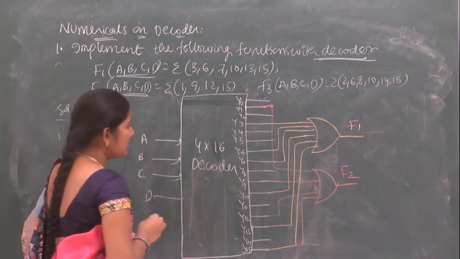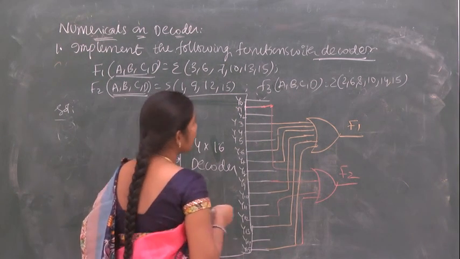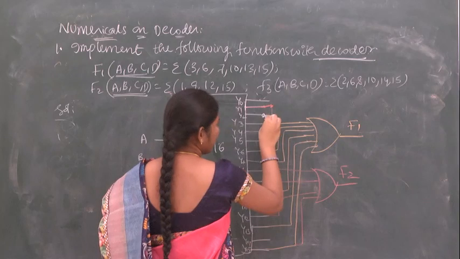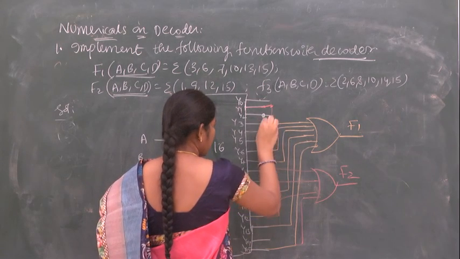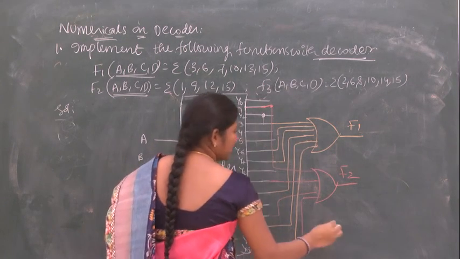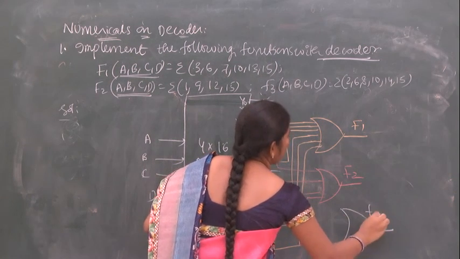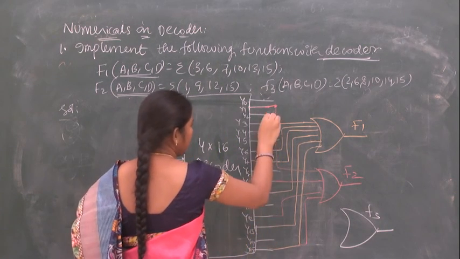And the third expression is what? I am considering one OR gate to represent F3.